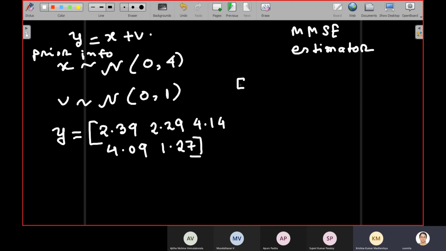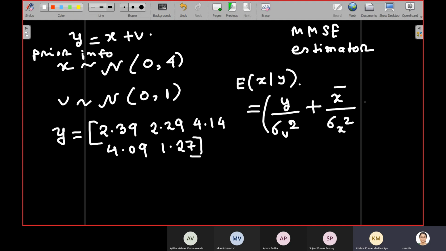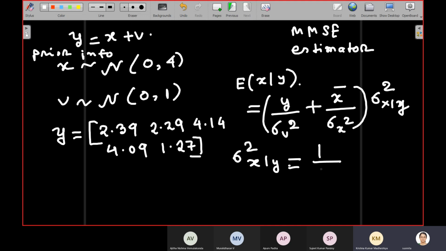The conditional mean here is the mean of x given y, which is y by sigma v square plus x bar by sigma x square, and then we have the conditional variance. So this is the MMSE estimate.